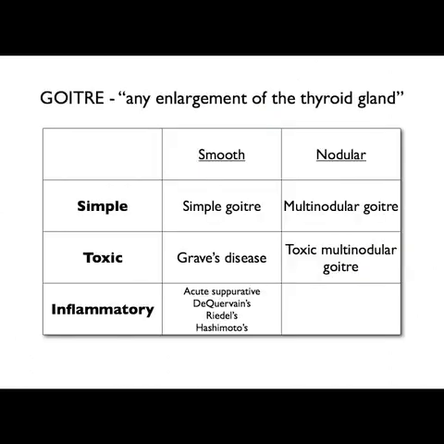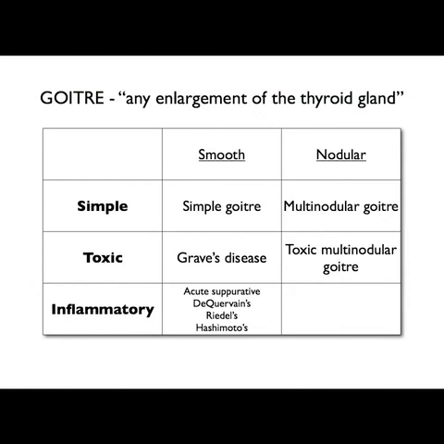So a goiter is any enlargement of the thyroid gland, and as we've said, we're going to classify it into simple, toxic and inflammatory, and then classify the goiter as to whether it is smooth or nodular on examination. A simple smooth goiter is a simple goiter, and if it's nodular and simple, then it's a multinodular goiter.